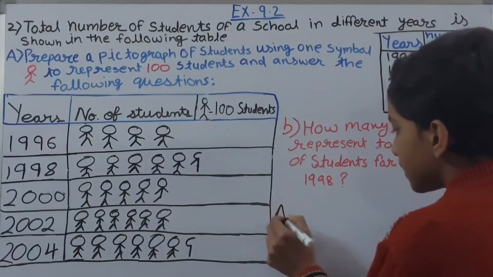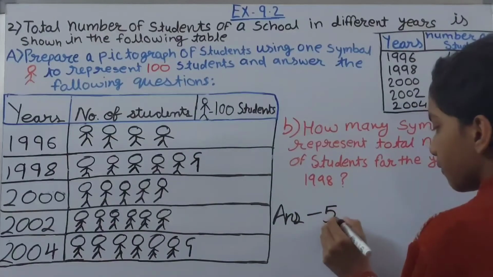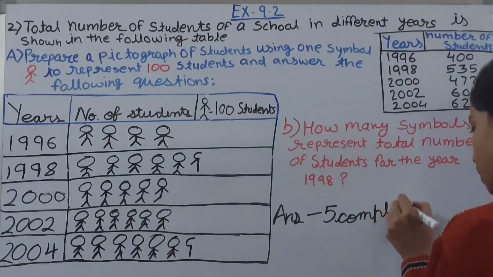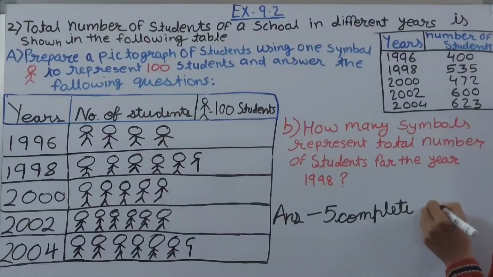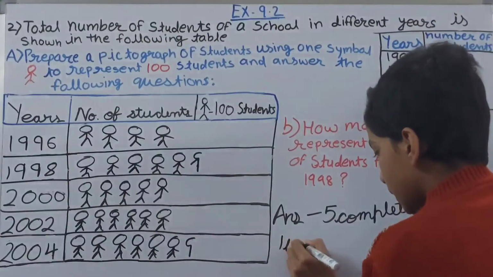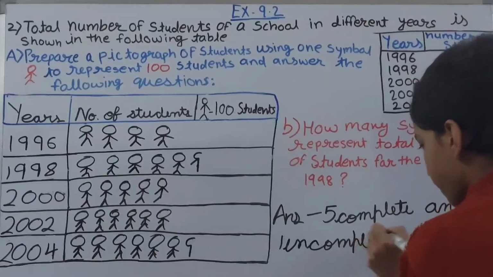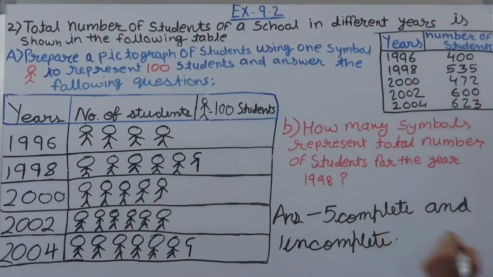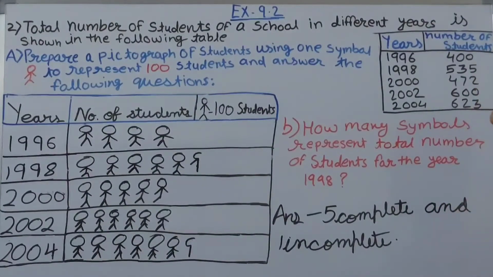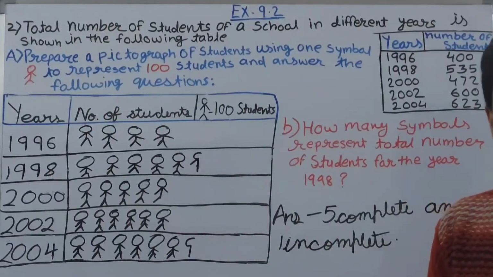That means in answer we can write 5 complete and 1 incomplete. Okay, so this is done. That means 5 complete symbols and 1 incomplete symbol represent the total number of students in the year 1998.